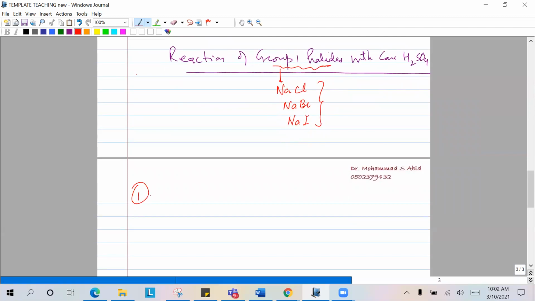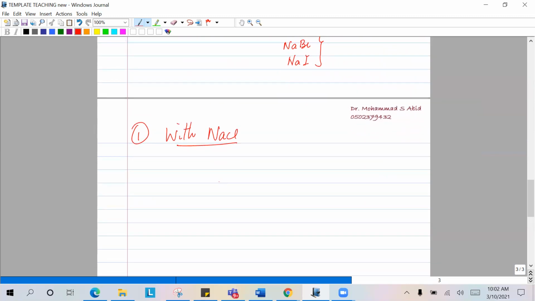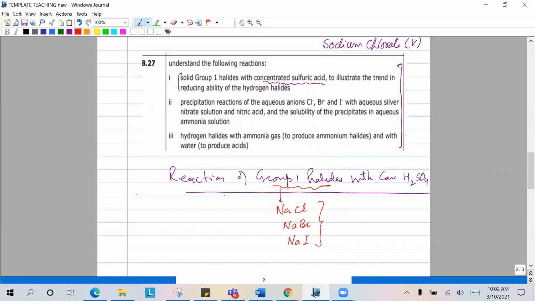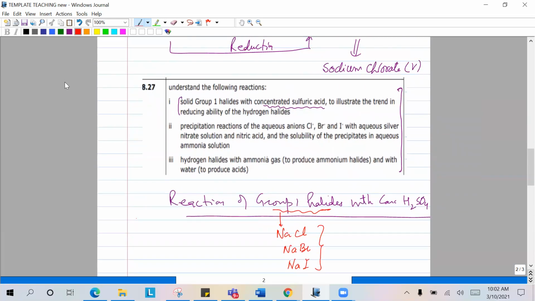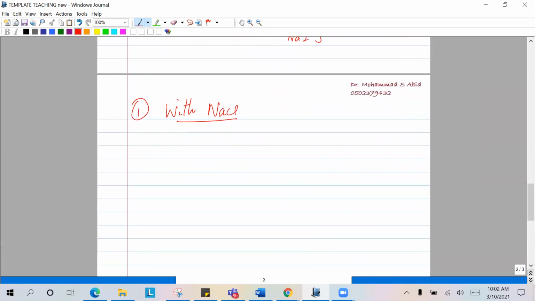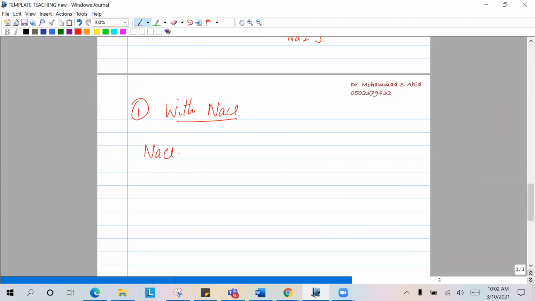So the first one is with NaCl. So remember, you are doing the reaction of NaCl with concentrated H2SO4. And another important thing is, if you look over here, they said solid. You are using solid. So you are not dissolving it in water or anything. So the reaction will be NaCl.